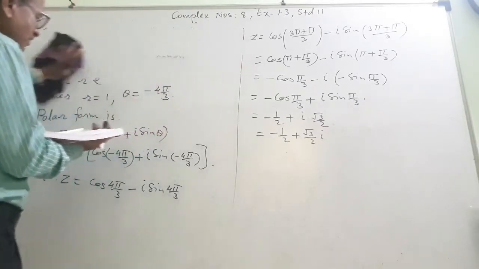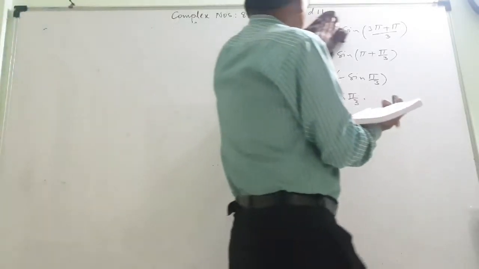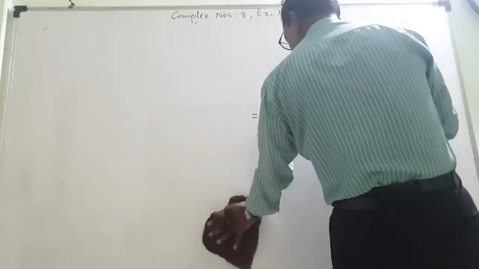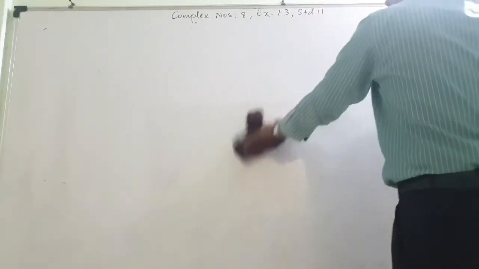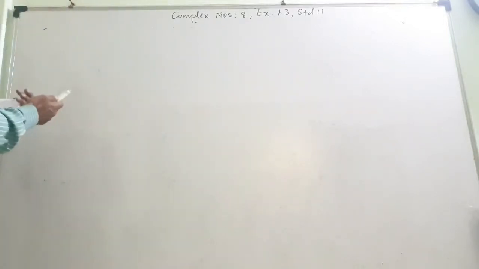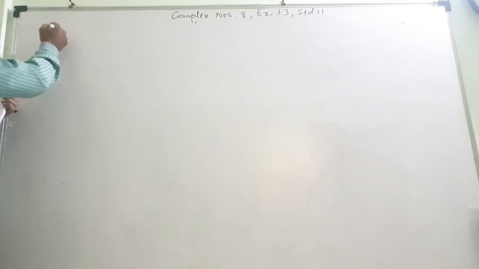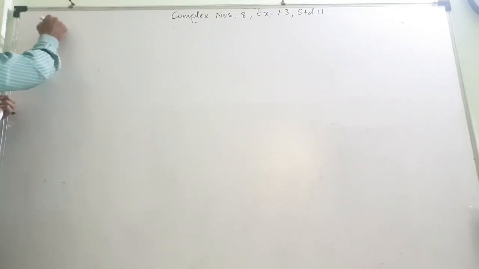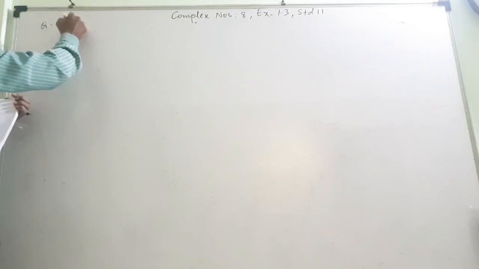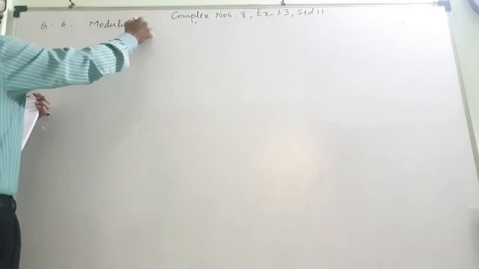We'll go for question number 6. What is that? Question 6. Find the modulus and argument. Argument means the angle we have to find.